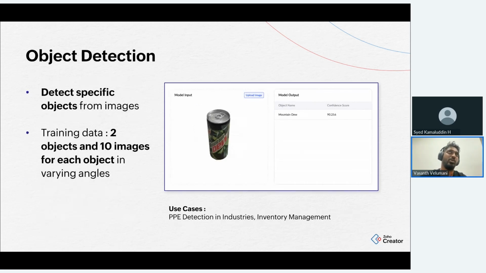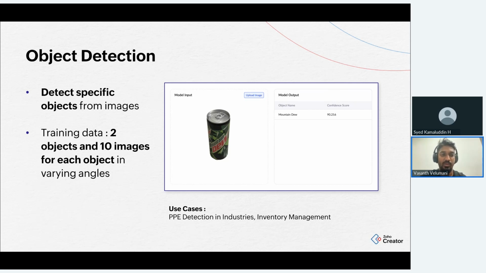Next comes the object detection model. The object detection model that we had previously was only able to detect 80 categories of objects, which means it had limited knowledge of objects. But you might have a case in your business where you want to detect custom objects by uploading an image.